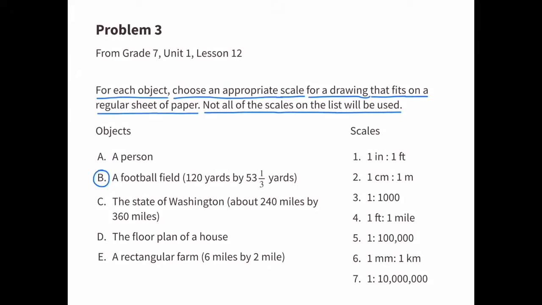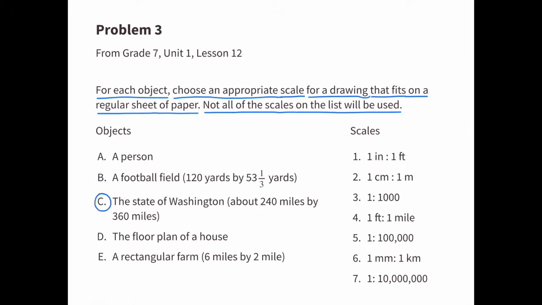B. A football field, 120 yards by 53 1/3 yards. Since a football field is not as long as 1,000 sheets of paper, you could use the scale of 1 to 1,000 and fit the scale drawing of the football field on 1 sheet of paper.